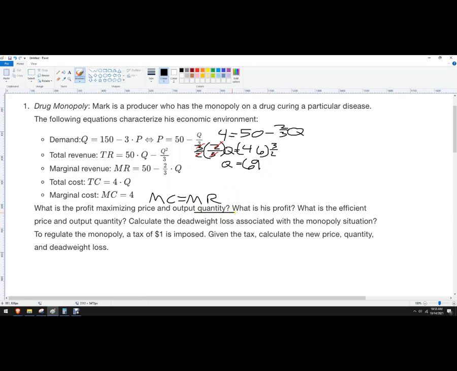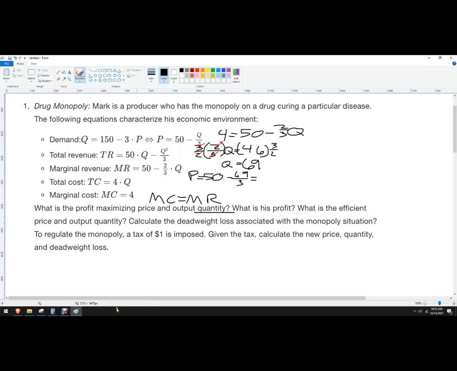Then the price, okay, we want to mark up the price, so we're going to use this quantity. Price equals 50 minus 69 divided by 3.